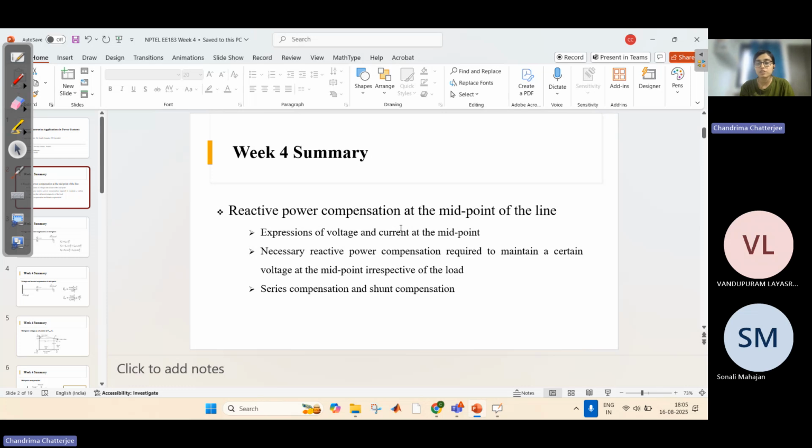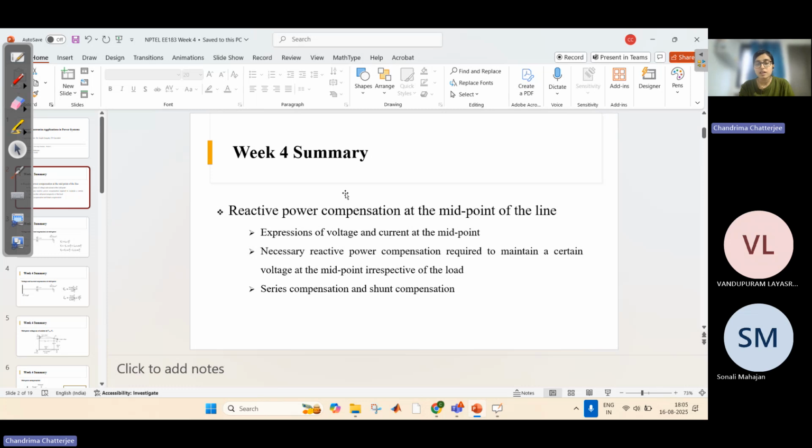What is the requirement of reactive power compensation exactly, and how will we do that, and after reactive power compensation what is the advantage, what is the benefit we get. All these things is the topic of week 4, right? So I shall briefly discuss about the concepts, and then I will start the numerical problems.